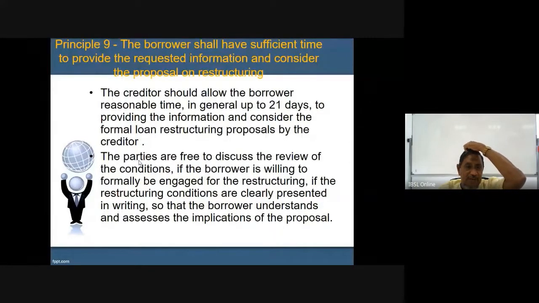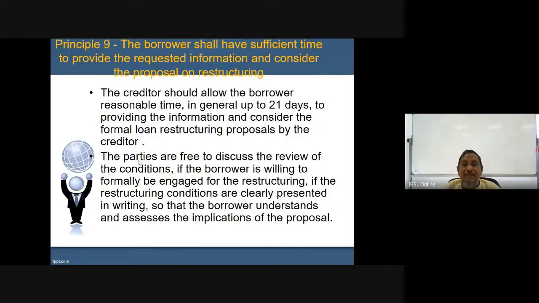The creditor should allow the borrower a reasonable time, in general up to 21 days, for providing the information and considering the formal loan restructuring process by the creditor. It is a formal procedure that has to be applied whenever they have come to an agreement for a negotiation, providing information to negotiate.